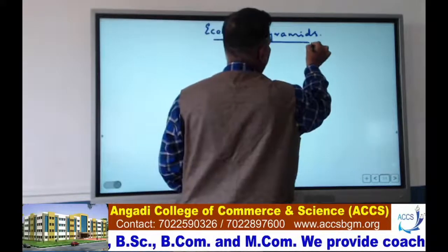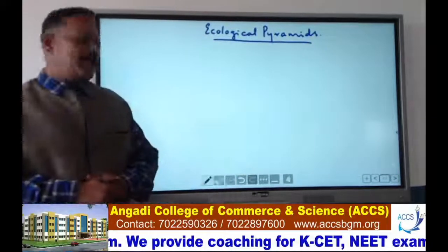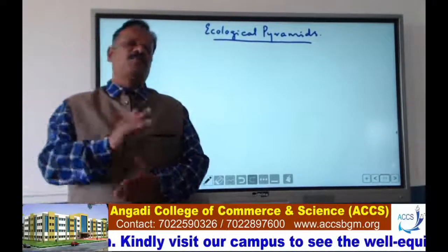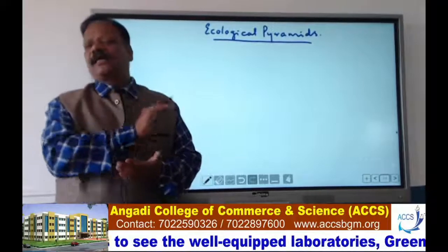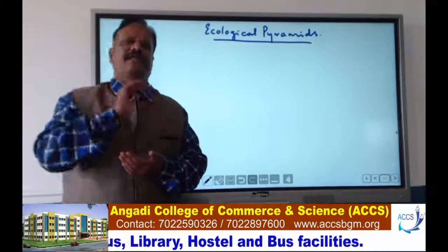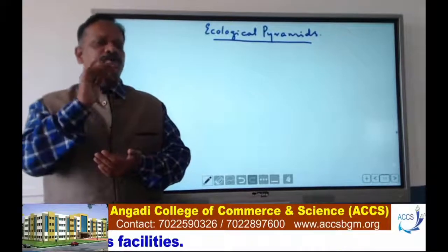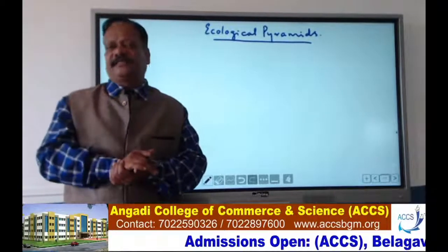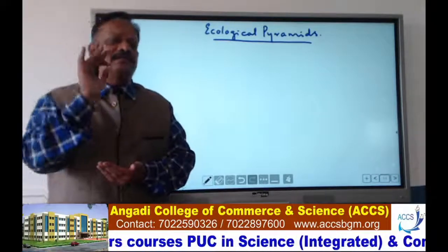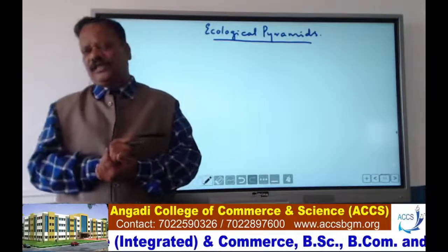Here, you know the food chain, and in this food chain, the first level is the producers, then consumers, then decomposers. Producers and consumers we are considering here. Consumers are primary consumers, secondary consumers and tertiary consumers.